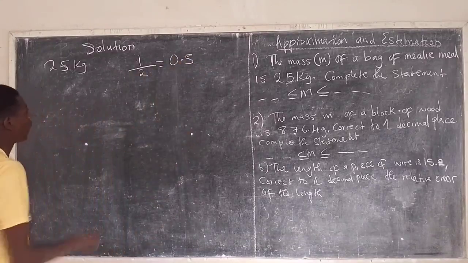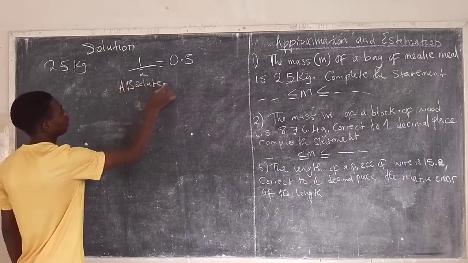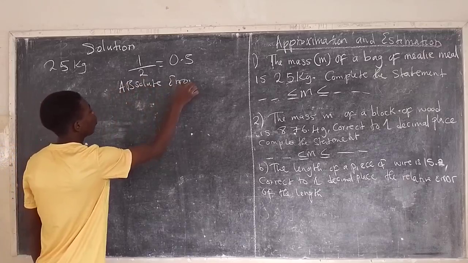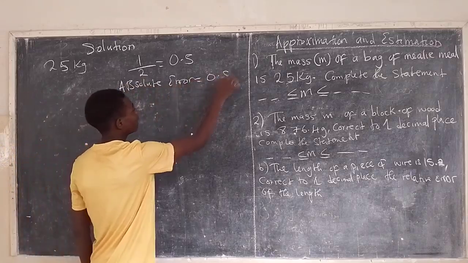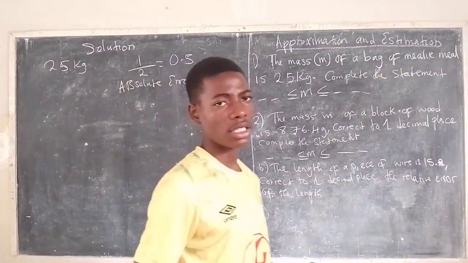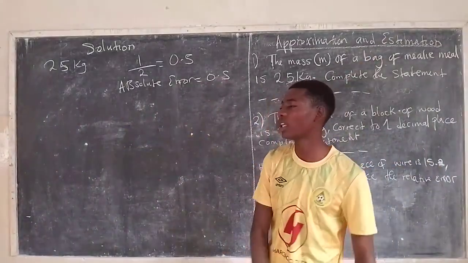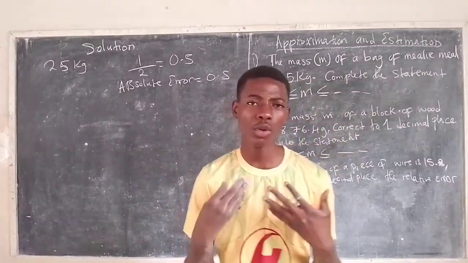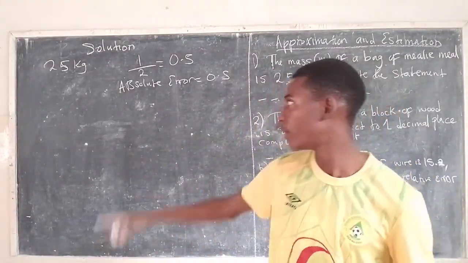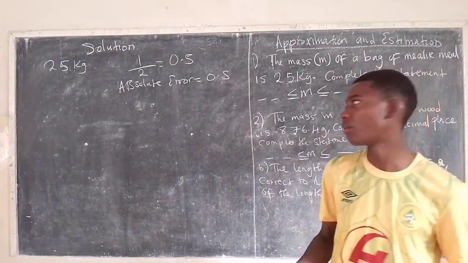This, in fact, is what we call the absolute error. Anyone working at, let's say, a milling company can be excused if they make an error of 0.5. So you get the minimum unit that can be measured, which is 1, if we are considering a number without a decimal point.